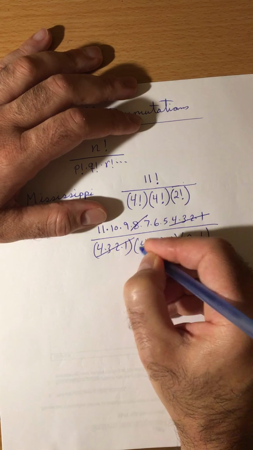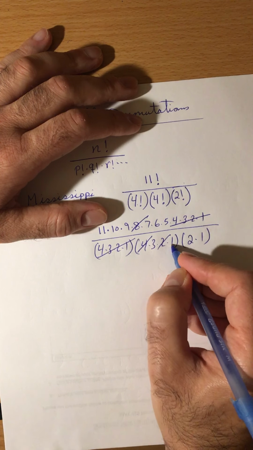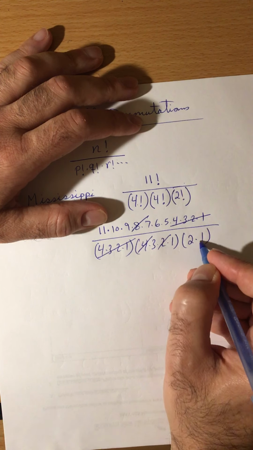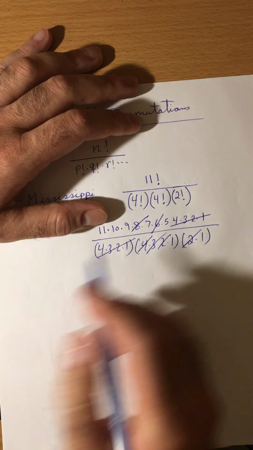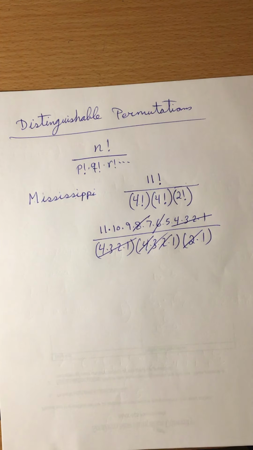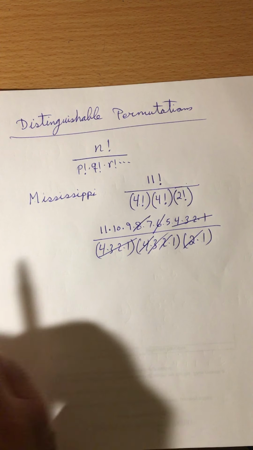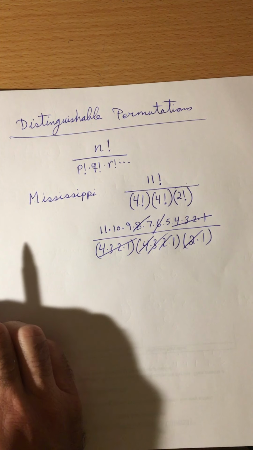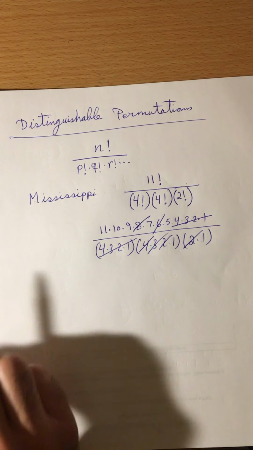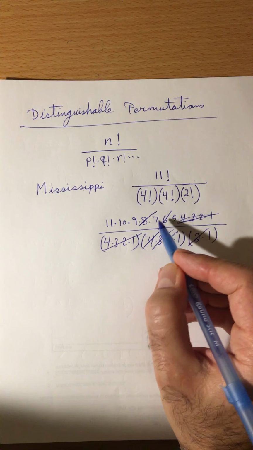We have an 8 up here. They're gone. We have 3 times 1, which is 3 times 2 times 1, which is 2. So 2 times 3 is 6. That's gone. So what's left? What's left is 11 times 10 times 9 times 7 times 5. Right? Everything else canceled.